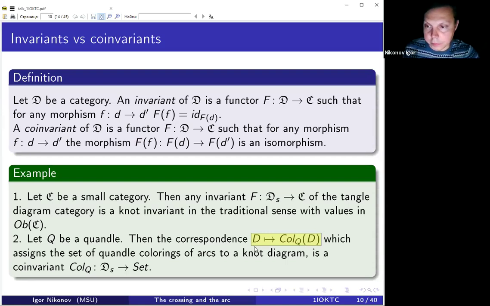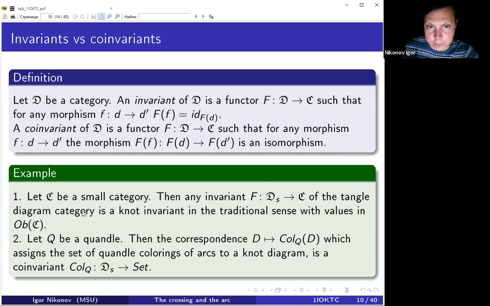So this is a co-invariant. And if we have an invariant in this categorical sense, it means that then we have usual invariants in the usual sense with values in the object set of this small category C.